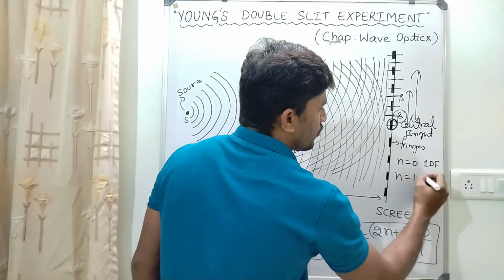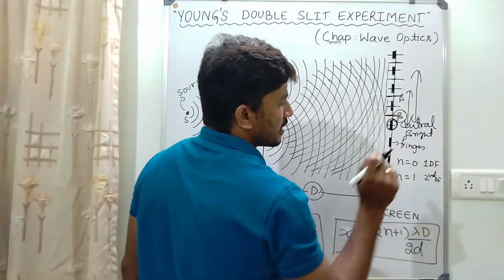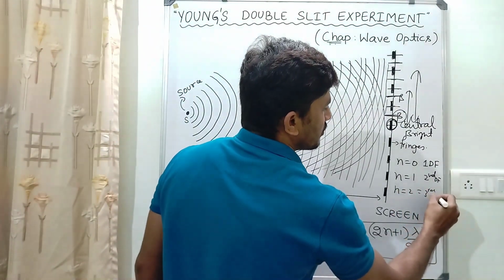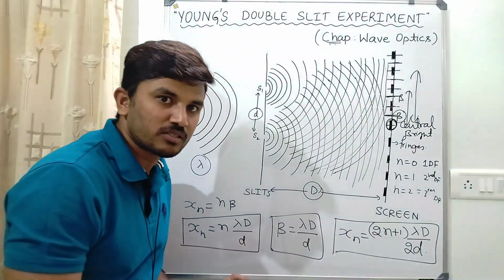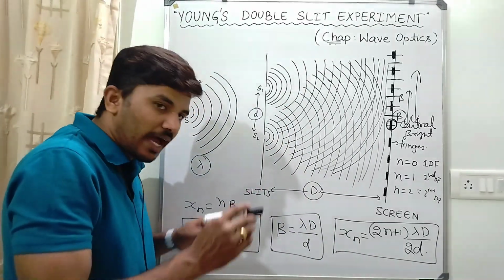So n value is 1 for the second dark fringe. For the second one, you have to consider this. n value is 2 for the third dark fringe. So for bright fringe, means constructive interference, you have to take n value as it is.